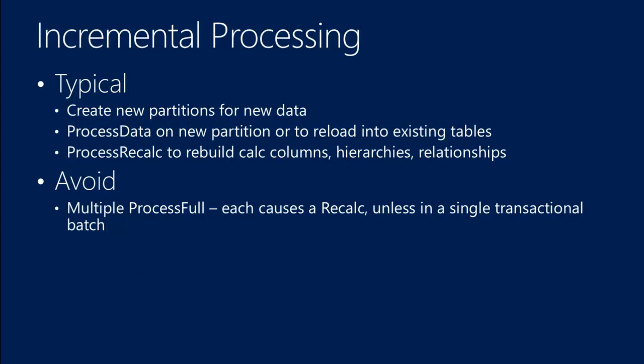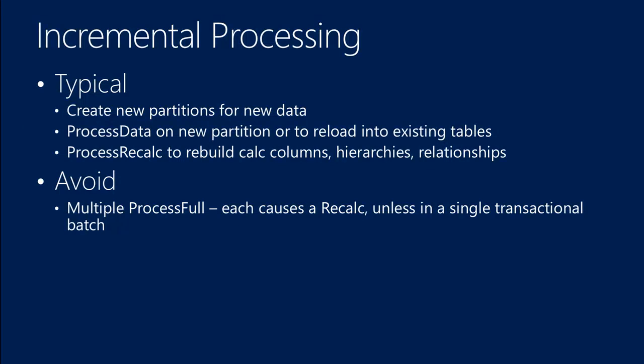If you do incremental processing, the typical approach is to create new partitions for new data, do process data on new partitions or to reload into existing tables, and do process recalc to rebuild calculated columns, hierarchies, and relationships. I don't know if any of you looked at these slides before this session, but these slides were not there until this morning.